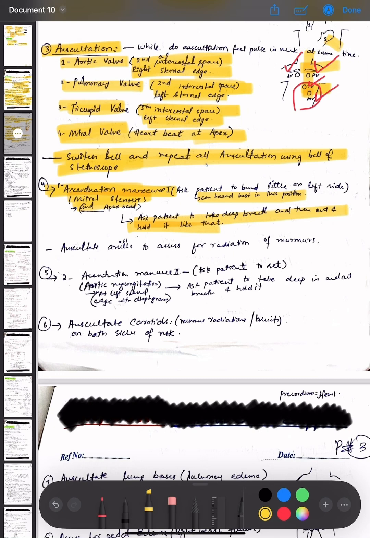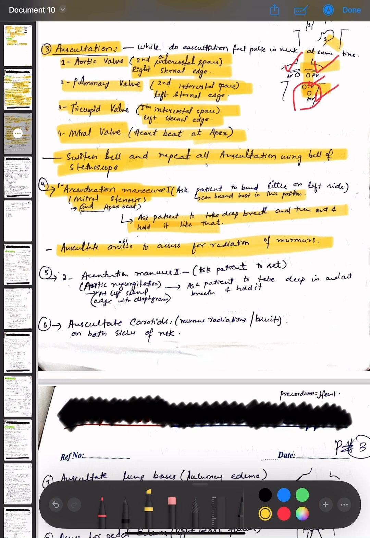So this is the accentuation maneuver, and this is for mitral stenosis and the apex beat. In this maneuver, you ask the patient to bend a little forward, a little to the left side. Then auscultate the axilla to assess for radiation of the murmurs.